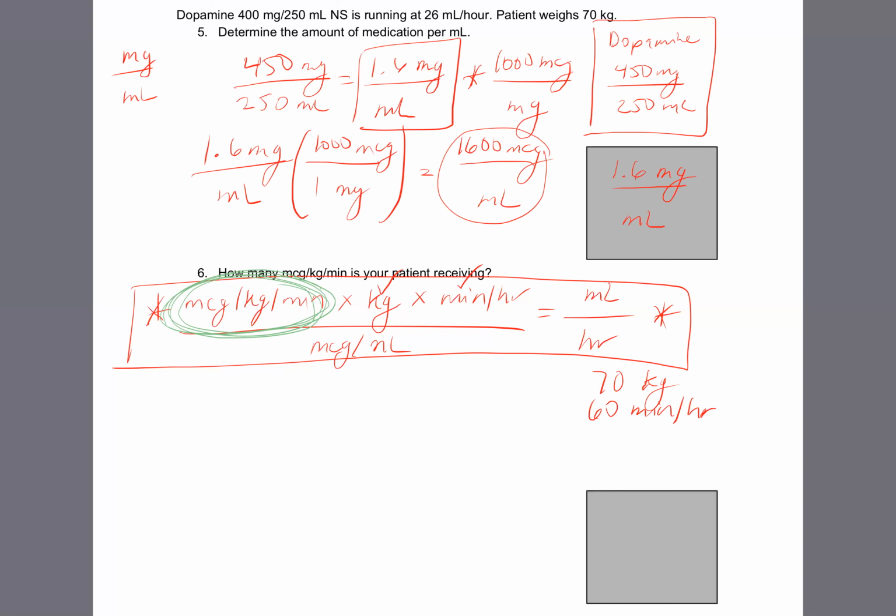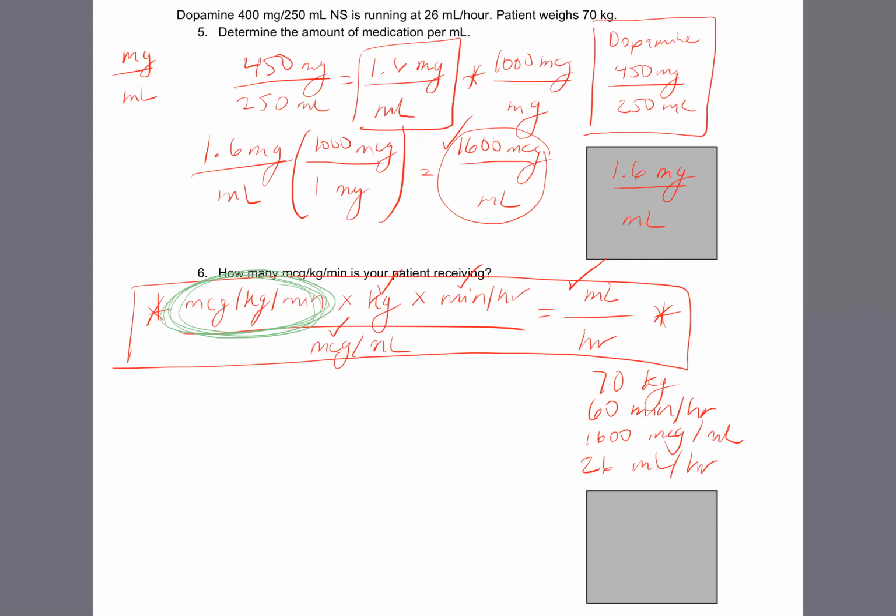Do we have the micrograms per ml? Yes, we do. 1600 micrograms per ml. Perfect. Do we have the mLs per hour? Did they give this to us? Yes. 26 mLs per hour.